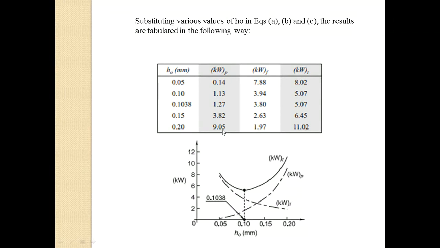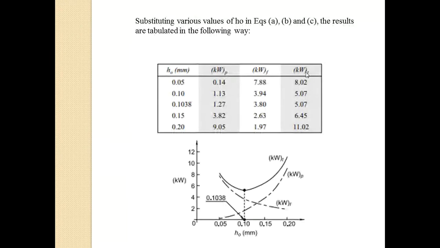Now see here, I have plotted a graph. See the total energy losses, KW of T, in the last column. For 0.05 it comes around 8.02. For 0.10 it comes around 5.07.